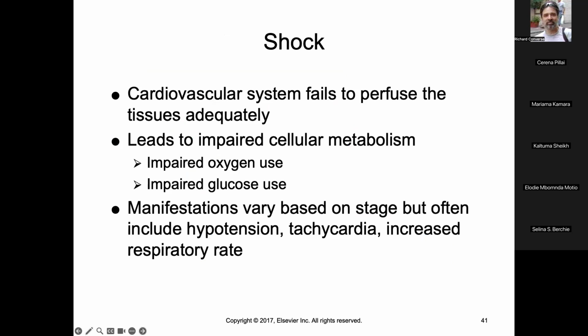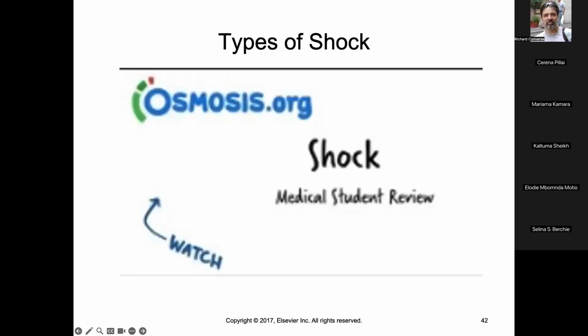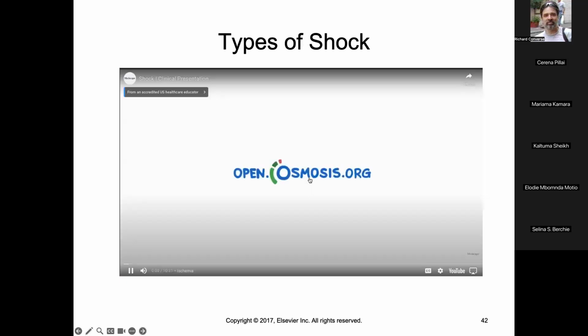Now, shock is where the cardiovascular system fails to perfuse the tissues adequately, leading to impaired cellular metabolism, reduction in oxygen use, and impaired glucose use. Manifestations vary depending on the stage, but often we see hypotension, tachycardia, and an increased respiratory rate. So let's take a look at shock in a little bit more detail.